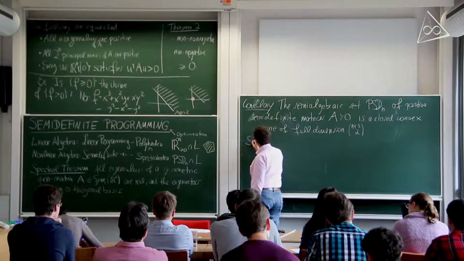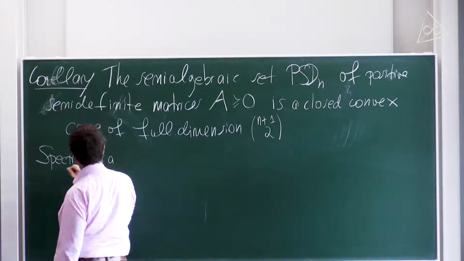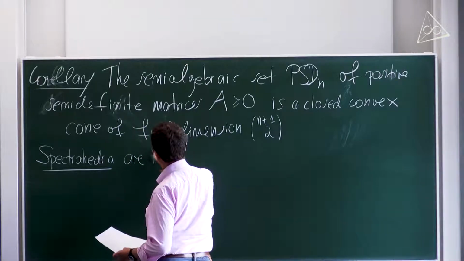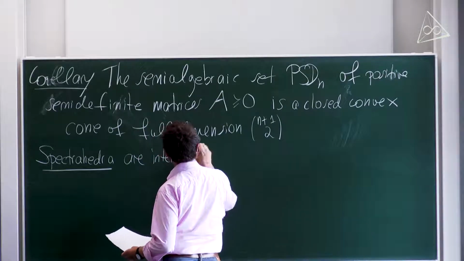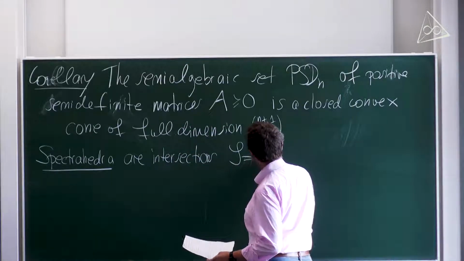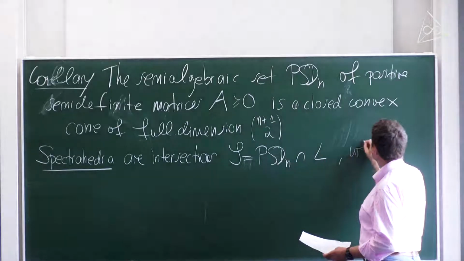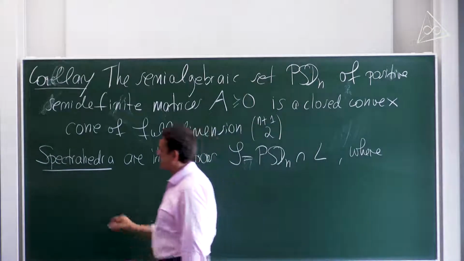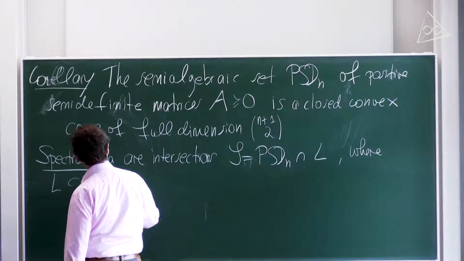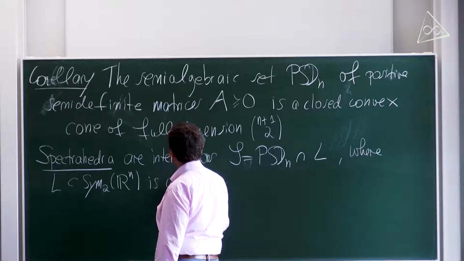Okay, so now let me return formally to the definition of spectrahedra. A spectrahedron is an intersection of this cone with a linear space. So a spectrahedron is this cone intersected with L, where L is a subspace of Sym_2(R^n), the space of symmetric n by n matrices, and this is affine linear.